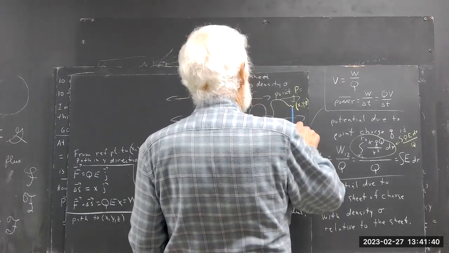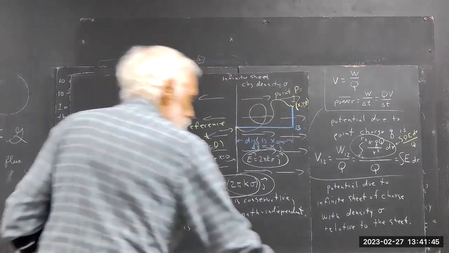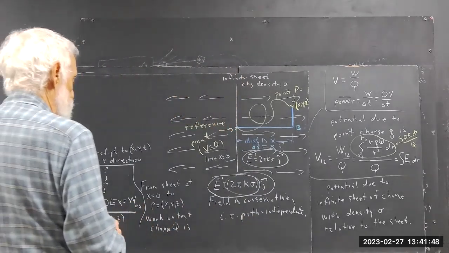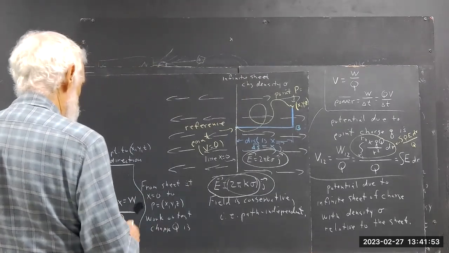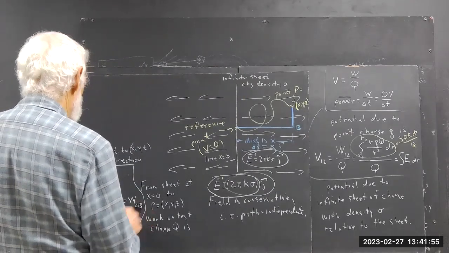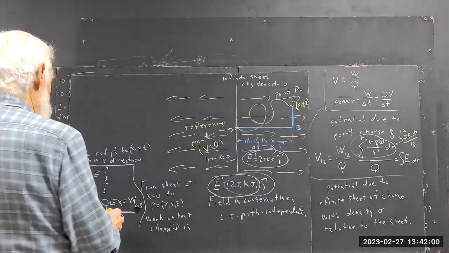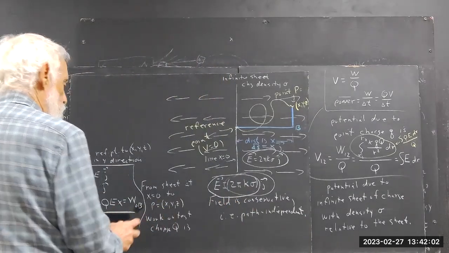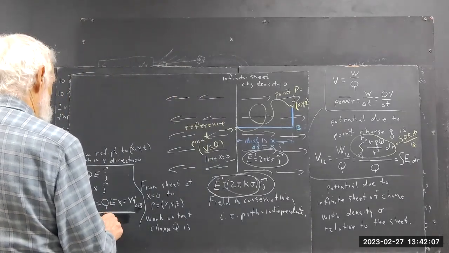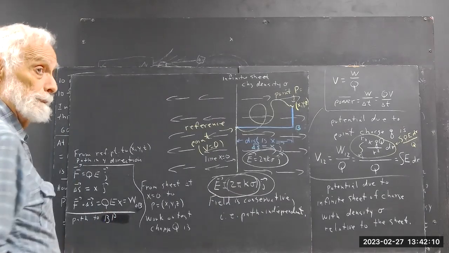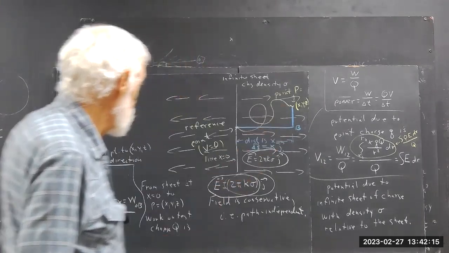Let's call this point B. Then I'll just call this the path, from here to here.